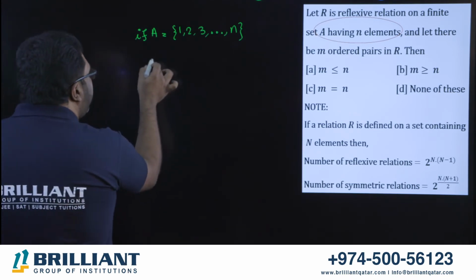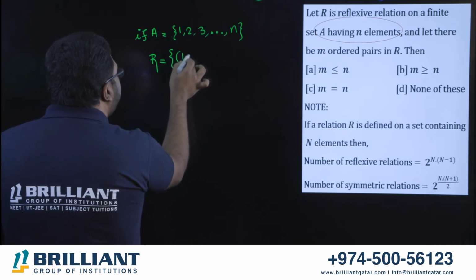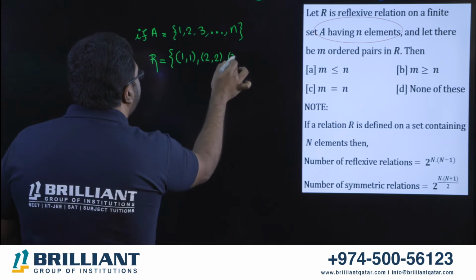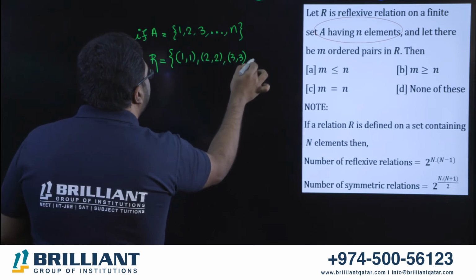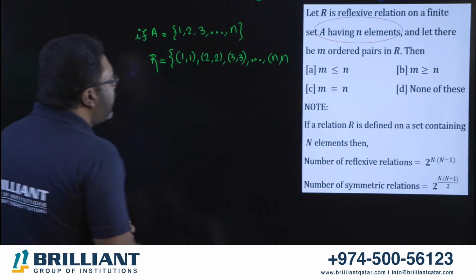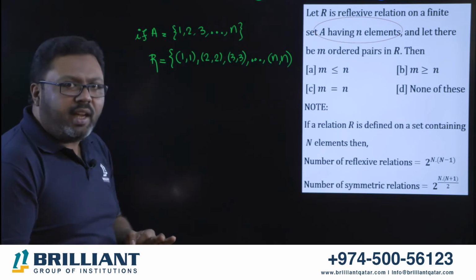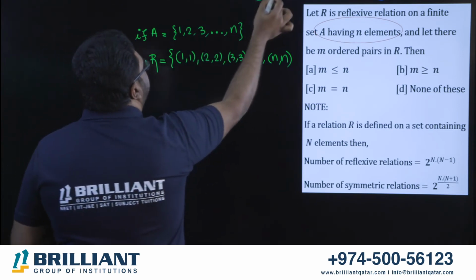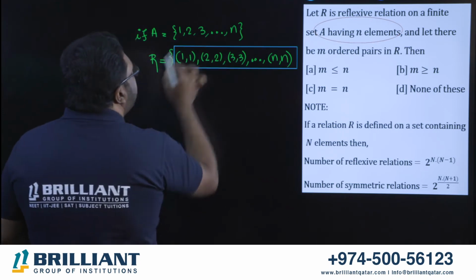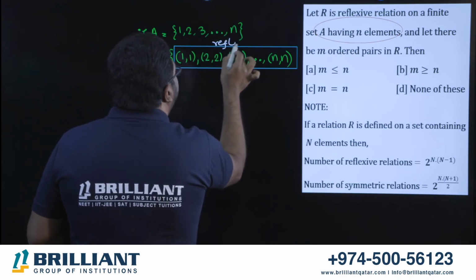Then definitely R becomes reflexive only if I have these pairs: (1,1), (2,2), (3,3), etc. up to (n,n). Only if all these pairs exist, this becomes reflexive. So mark it, everybody. This is reflexive because I have all these pairs to make it reflexive.